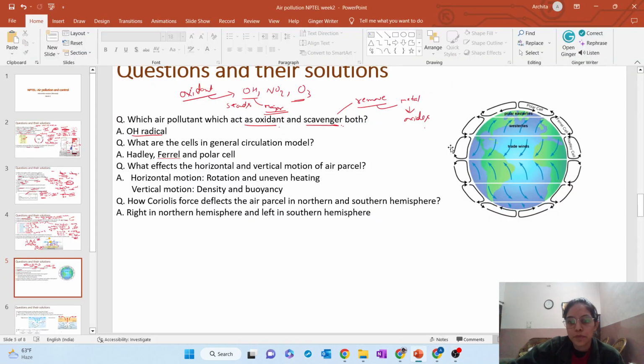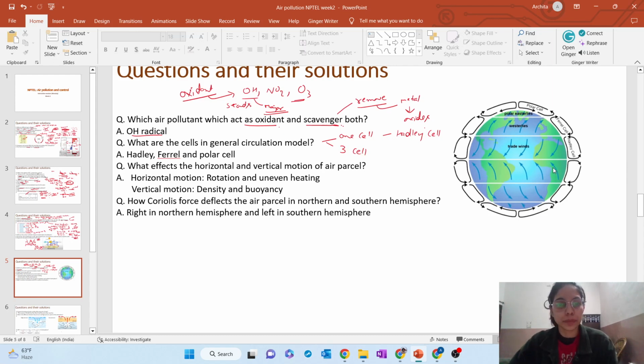The one cell model is based only on the Hadley cell; I think it's in the 1700s that this model came. The other is based on three cells: the Hadley, Ferrel, and Polar cells.